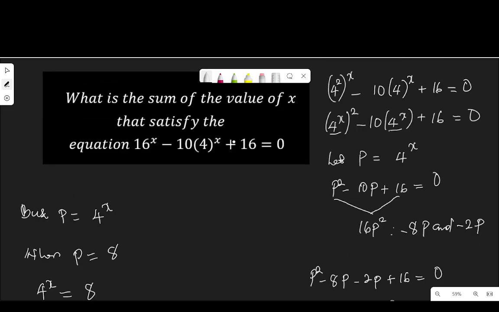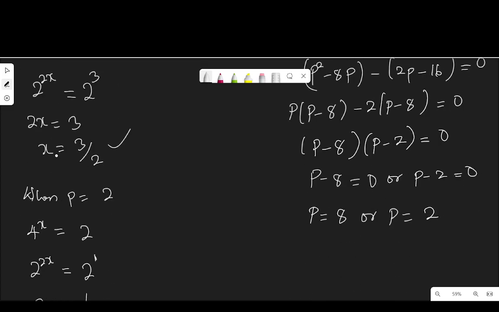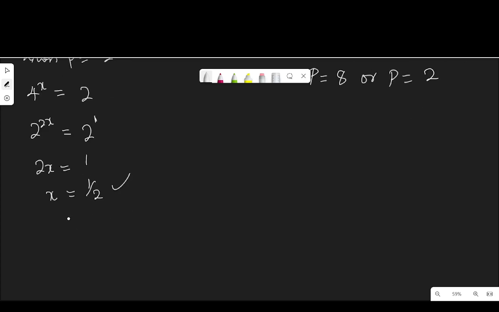But the question asks us, what is the sum of the values of x that satisfy the equation? So we need to add the two roots. The first root, let's call it x1, and the second, let's call it x2.